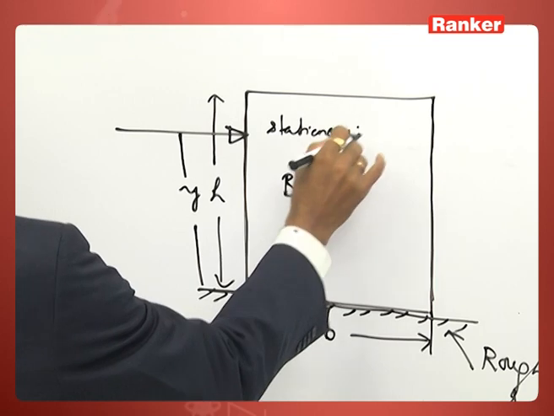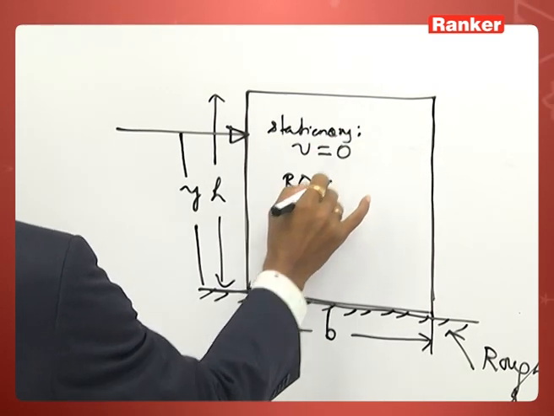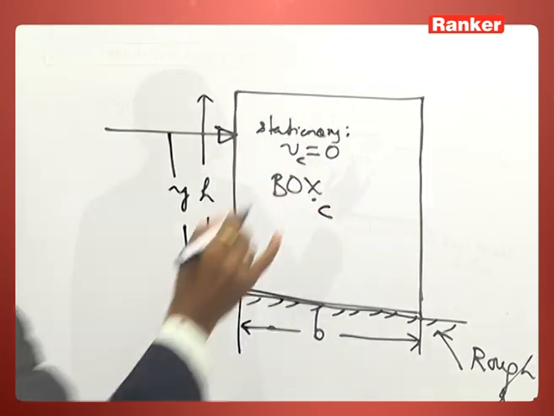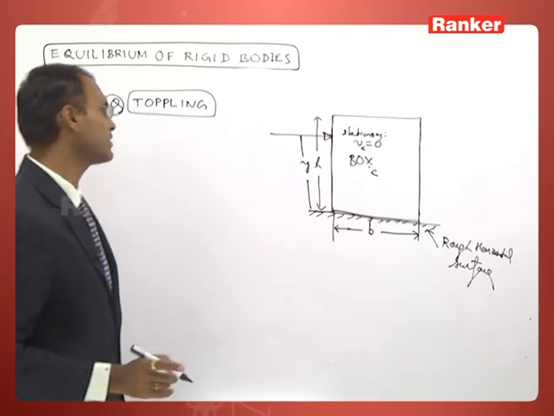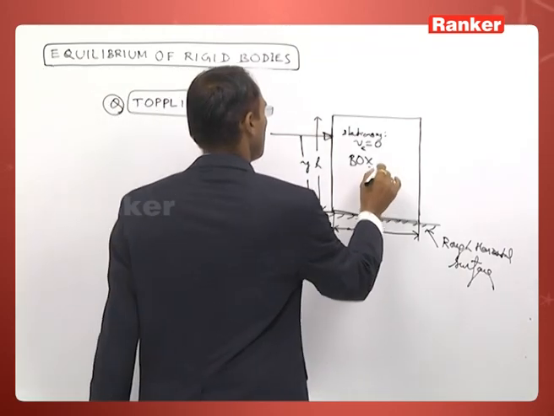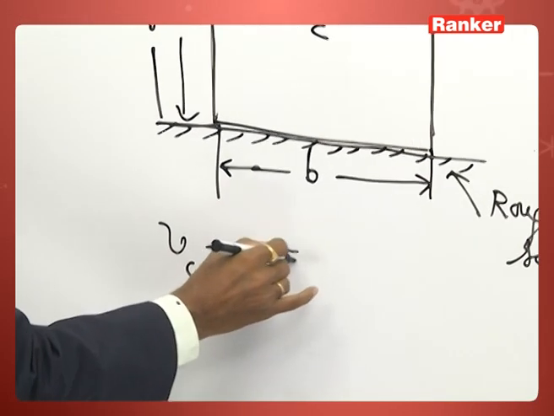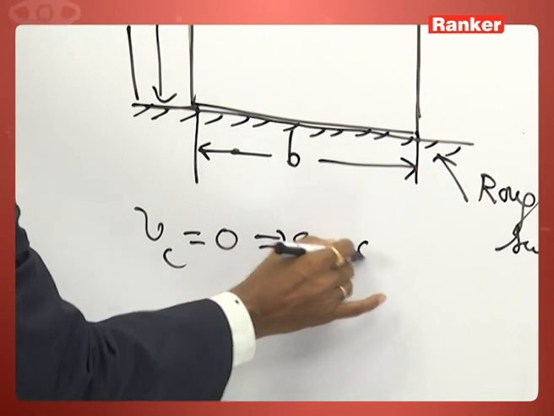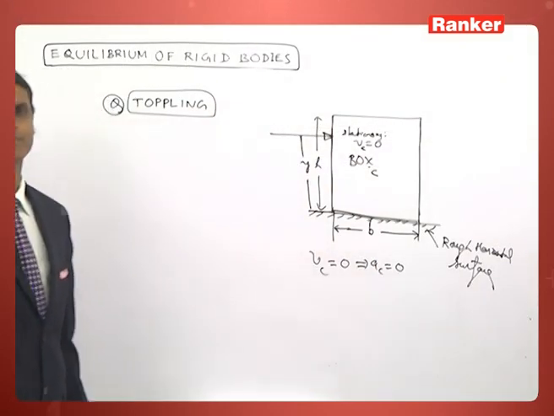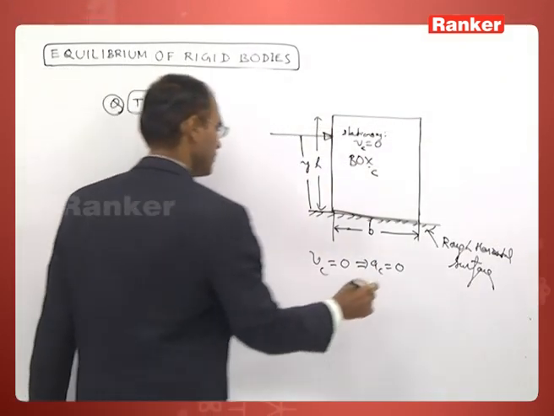When it remains stationary, velocity of the center of mass is 0. When center of mass velocity is 0, acceleration of the center of mass also will be equal to 0. No sliding.